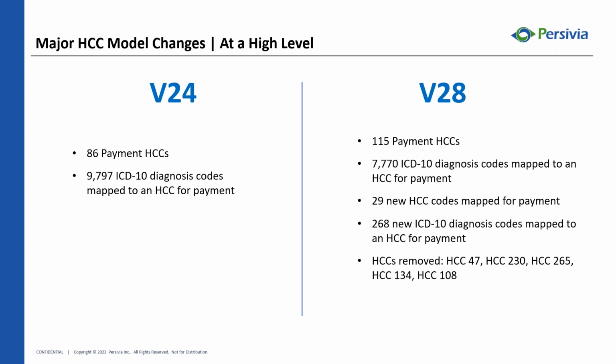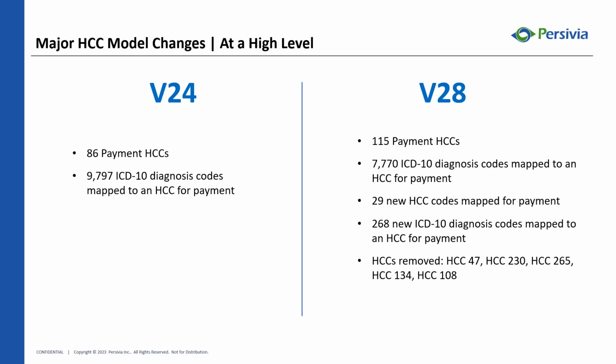Under the version 24 model, we have 86 HCCs with about 9,800 ICD-10 codes that map to an HCC for payment. While under the new and updated version 28 model, we have 115 payment HCCs. So that's an increase of 29 new HCCs.